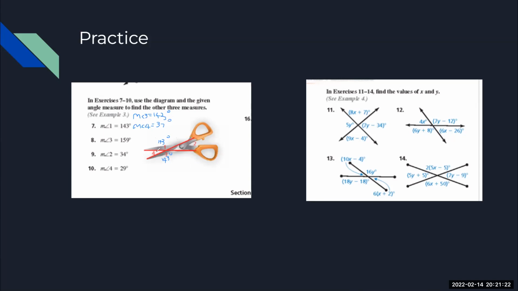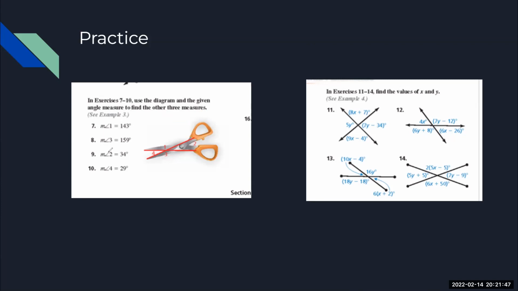And if measure of angle 4 is 37, you know that measure of angle 2 is also 37 degrees because vertical angles are congruent. So that's it for number 7.